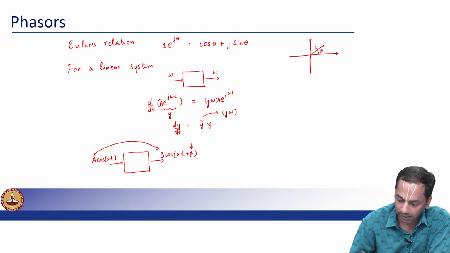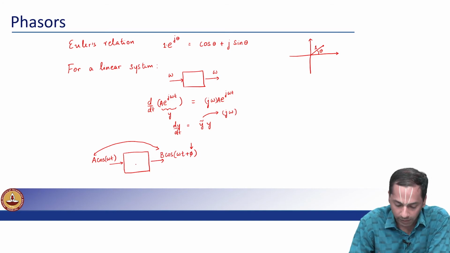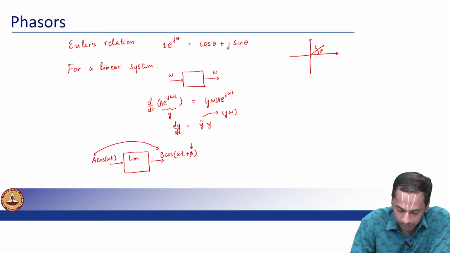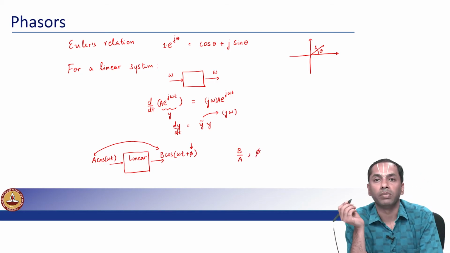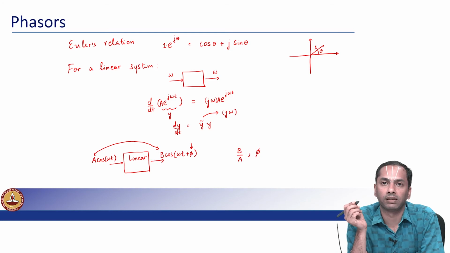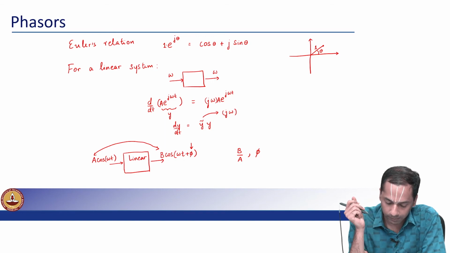So, in some sense, I can characterize the response of any linear system by knowing values for b over a and phi. So, it is essentially just two variables.